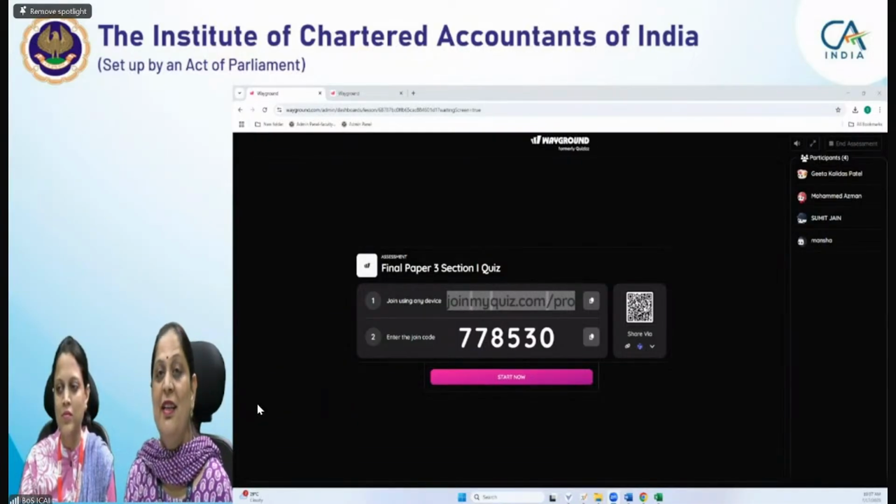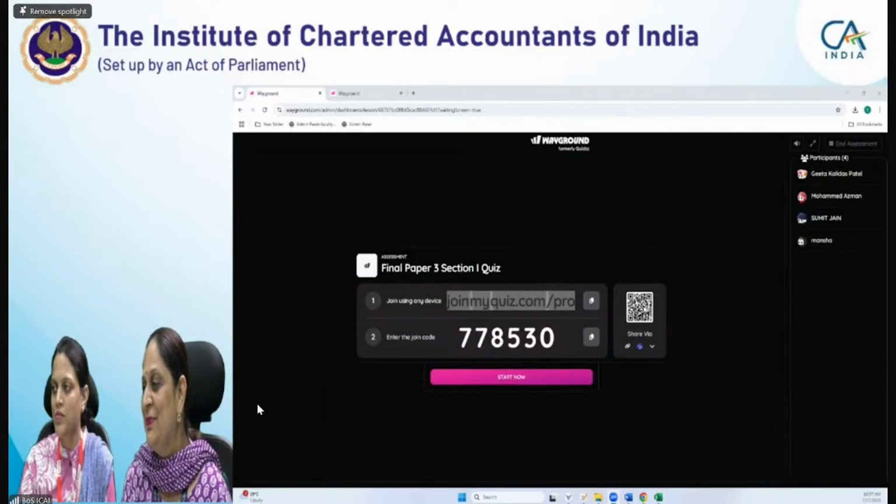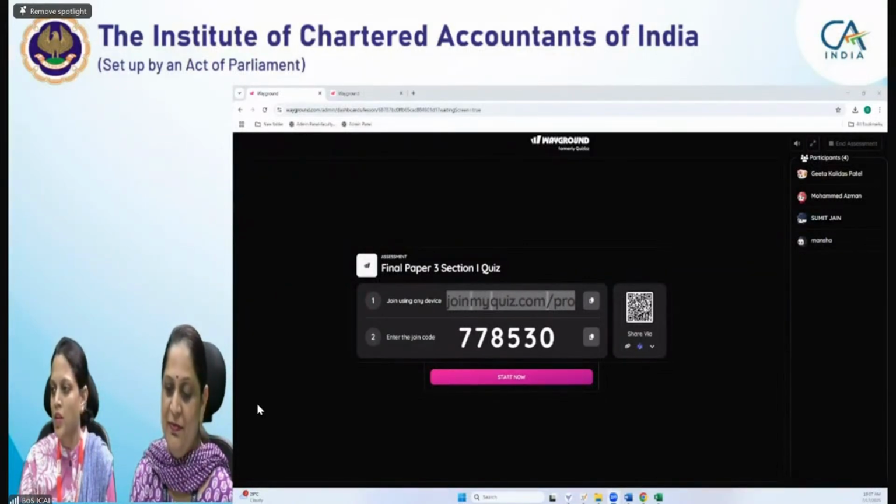It's already 10:07. Just scan the code and enter your name and joining code. You can join through the link also. We have shared it in the chat box.